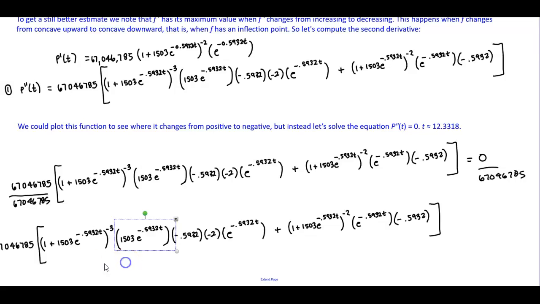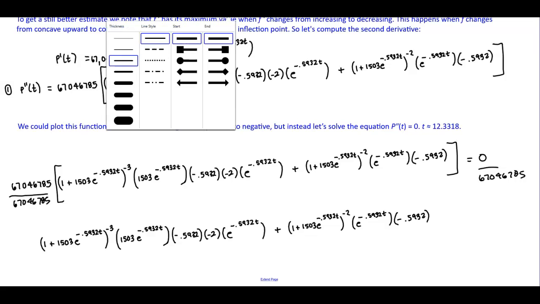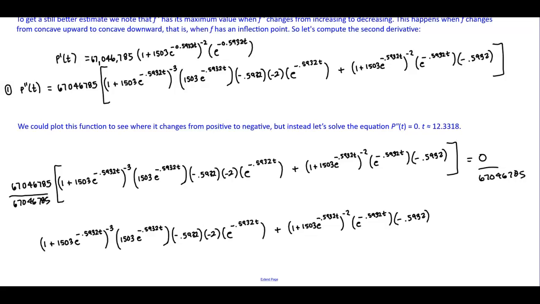Okay, so if we divide both sides, that means we no longer have this value here, right? And we know that this thing is going to be equal to 0.